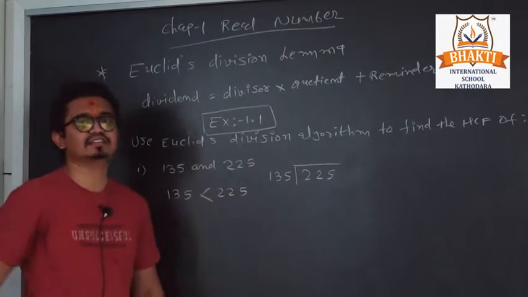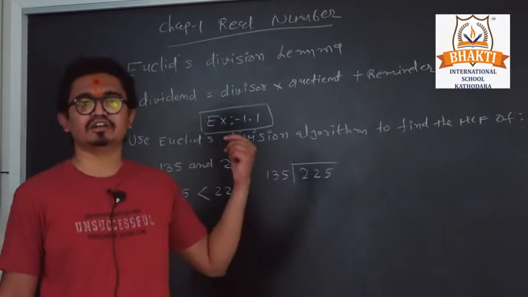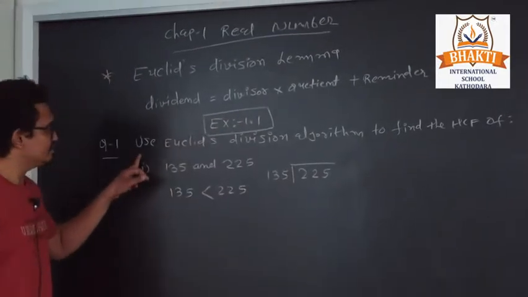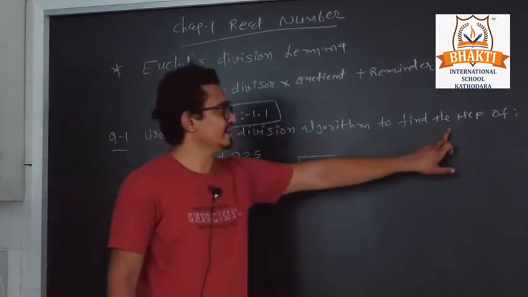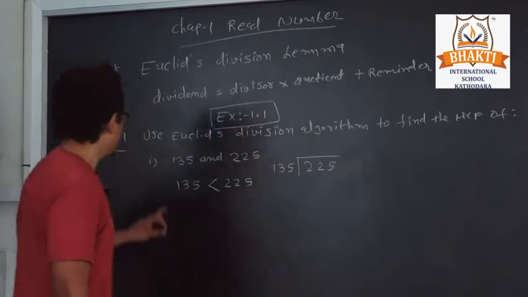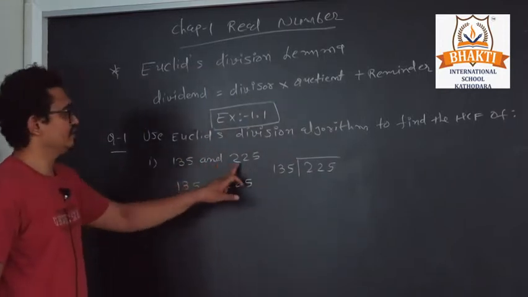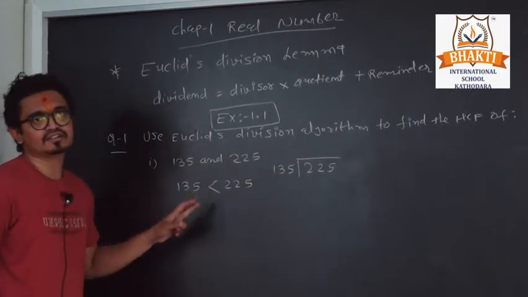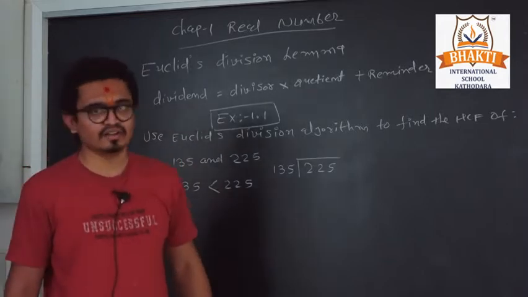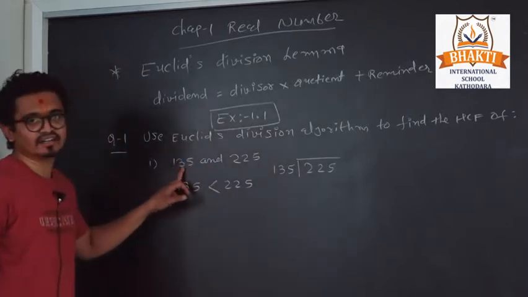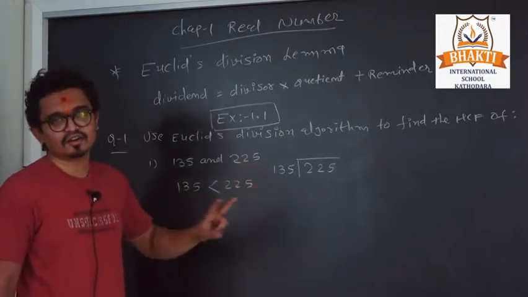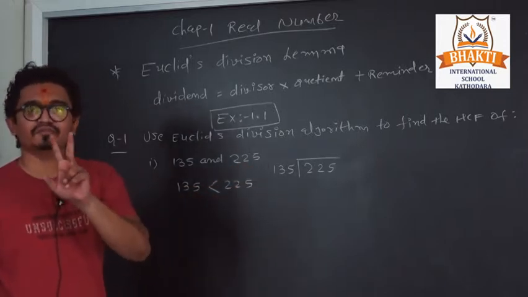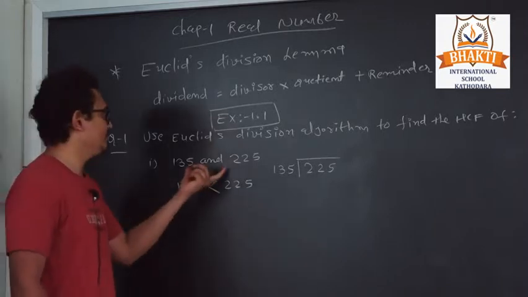In question number 1, it says: use Euclid's division algorithm to find the HCF of 135 and 225. So here we have two numbers actually. The first number is 135 and the second is 225.